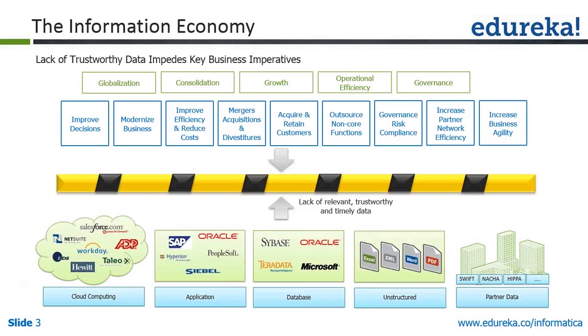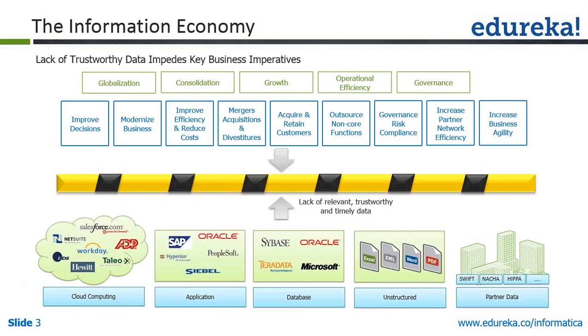A lot of companies are buying other companies, so in those cases we need to consolidate their data. The parent company which is buying should integrate the data seamlessly with the companies they are buying.